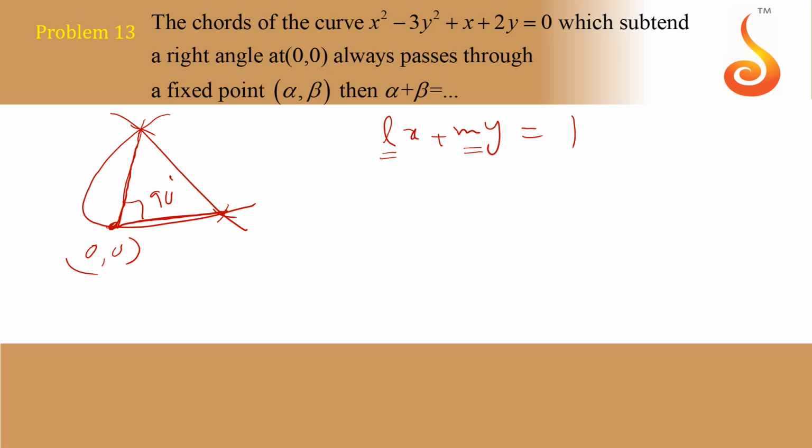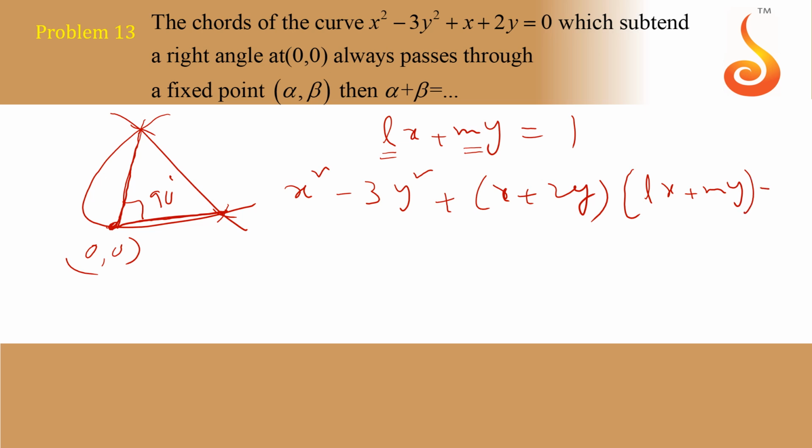Very clearly, you can use homogenization. So the given equation of the curve is x square minus 3y square plus x plus 2y. Homogenization means any pair of straight lines passing through origin should be second degree homogeneous. So let us remove this x plus 2y in such a way that it should be made homogeneous. At the same time, suppose AB is the chord, that AB should satisfy this equation.